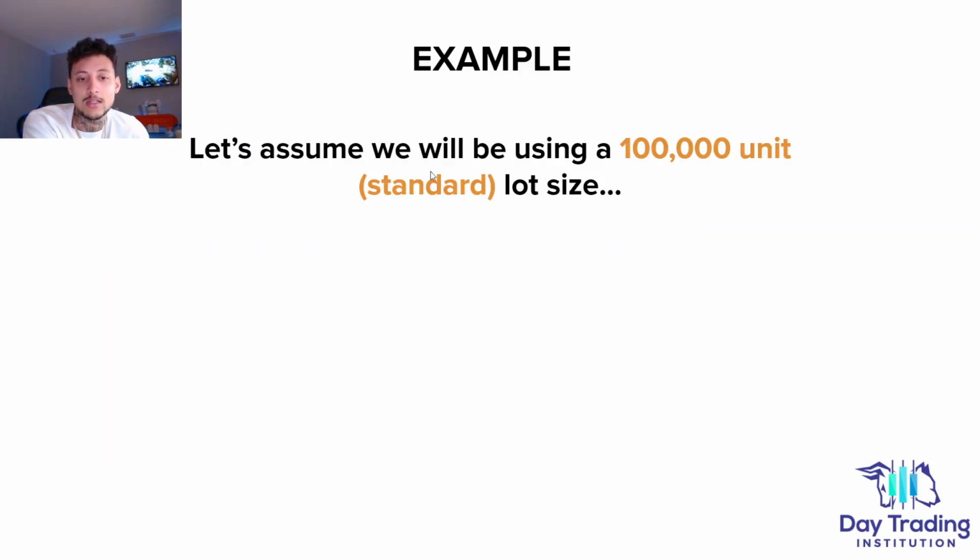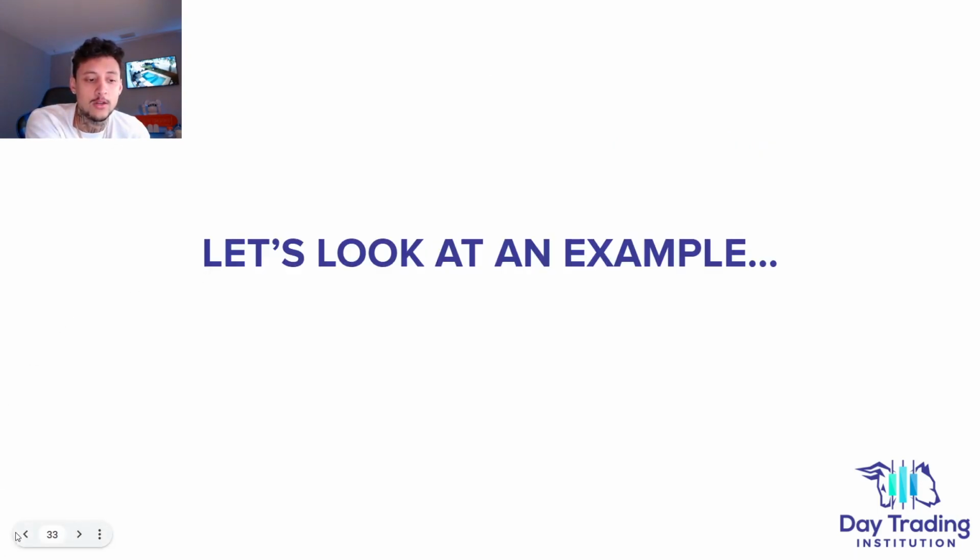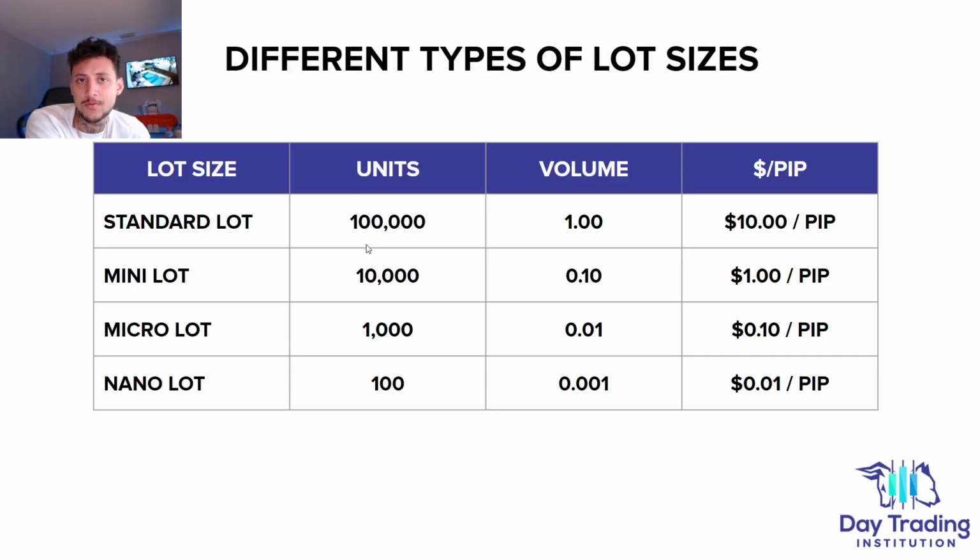Now, let's look at an example here. Let's assume we will be using a 100,000 unit standard lot size, meaning we're using a one lot, right? And one thing before I continue: there's 10 lots, 50 lots, 60 lots, 70 lots. Remember, one lot is $10 per pip. So if I'm doing 10 lots or 1,000,000 units, then I'm making $100 per pip.